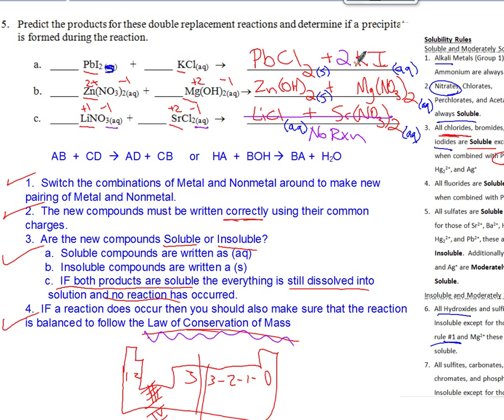You're going to have to go through and basically do all these steps, but you don't have to memorize the steps. You have to make sure, did he follow the law of conservation of mass? Did he check to see the solubility was correct? Are the new compounds made with metals and non-metals using their charges correctly? All that stuff. But instead of having to generate it all from the top of your brain, you're basically going to pick which answer fits the patterns.